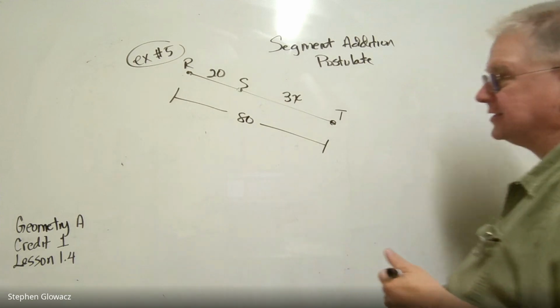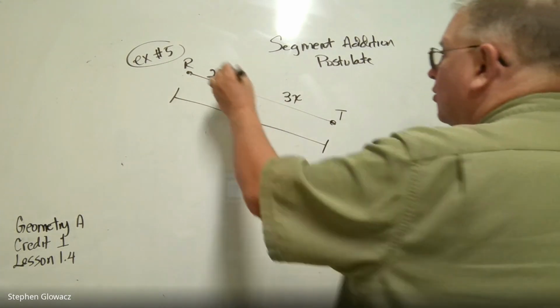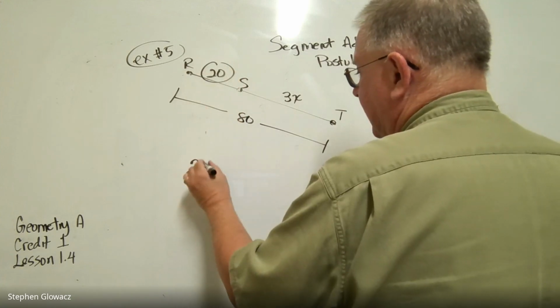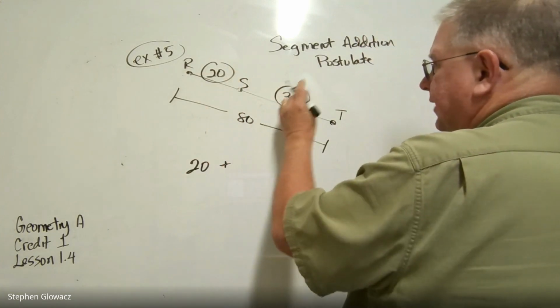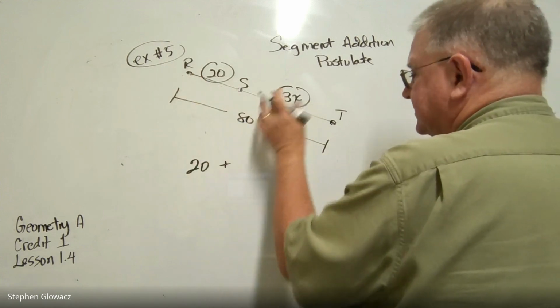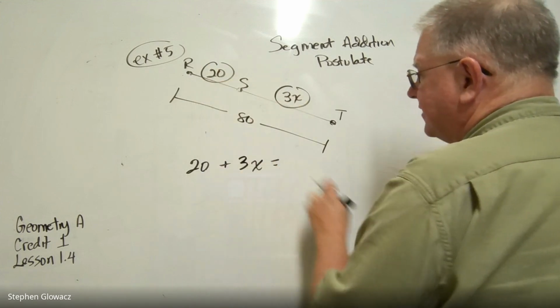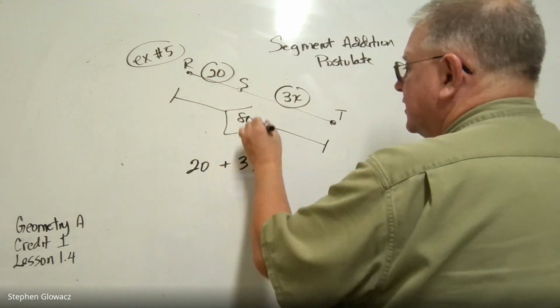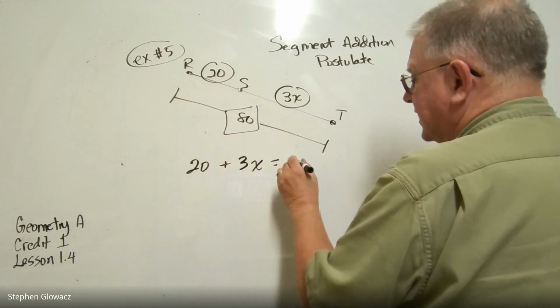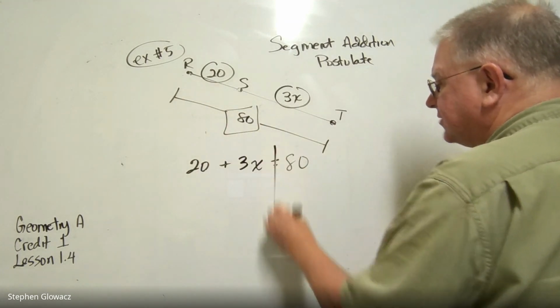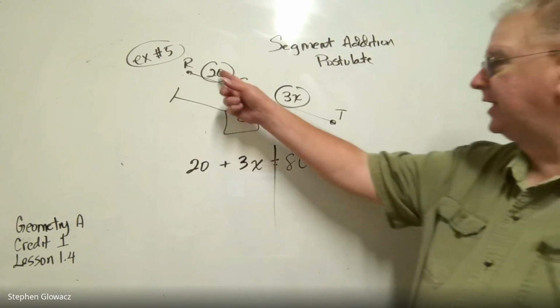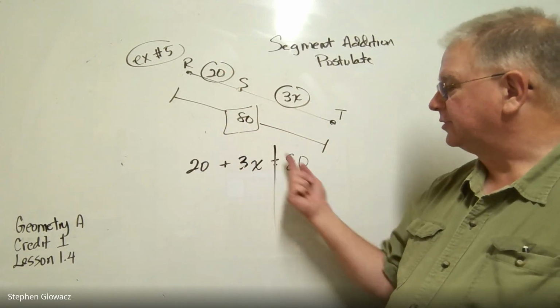And so that's how we're going to set up our equation here. So one of the smaller pieces, 20, plus the other smaller piece, so RS is 20, ST is the 3x. So the two smaller pieces added together equals the entire segment, which has a measure of 80. And so that's how we set up our equation. 20 plus 3x equals 80.